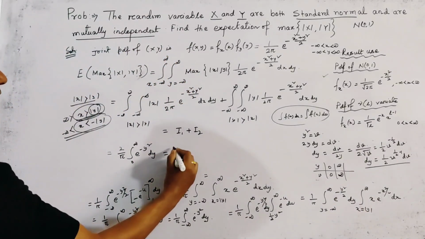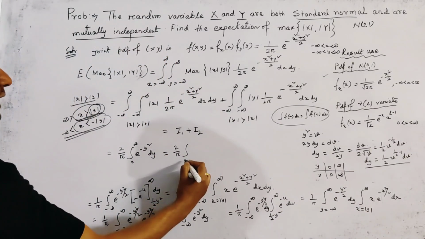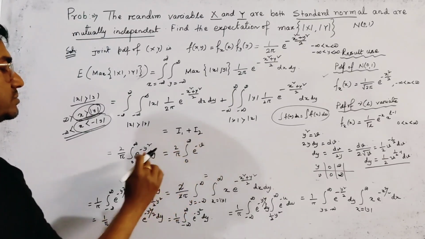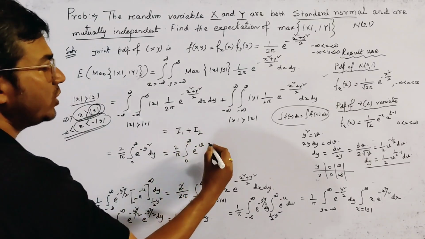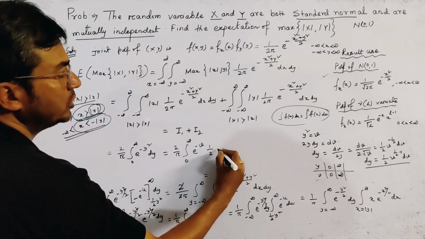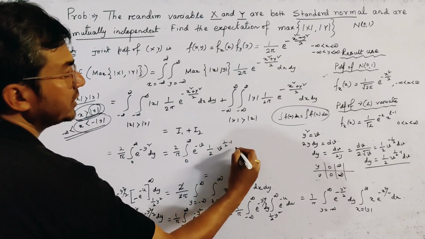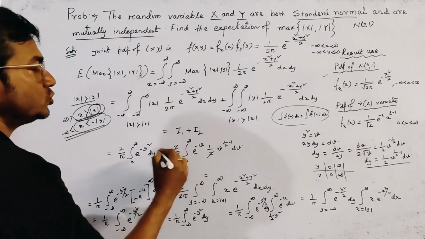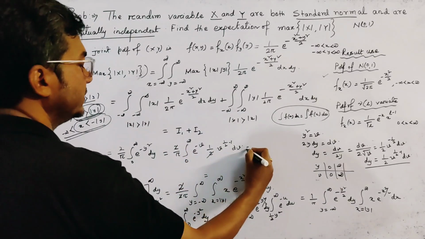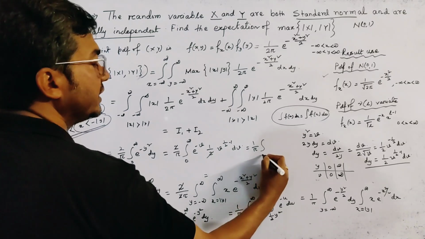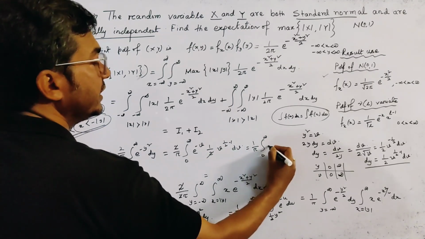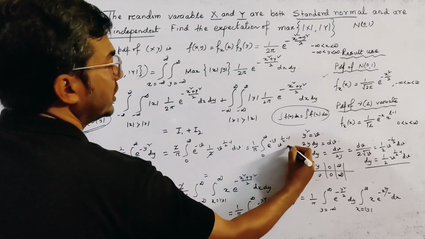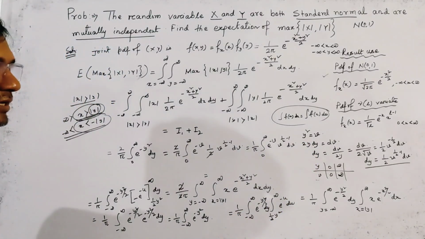So this integration becomes 2 by pi integration 0 to infinity e to the power minus v, and dy means half into v to the power half minus 1 dv. These two halves cancel out, and this is given by 1 by pi integration 0 to infinity e to the power minus v v to the power half minus 1 dv. Right?